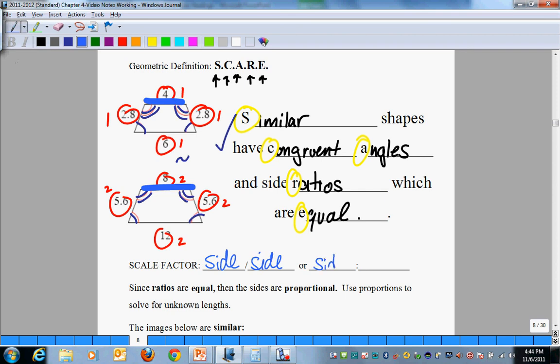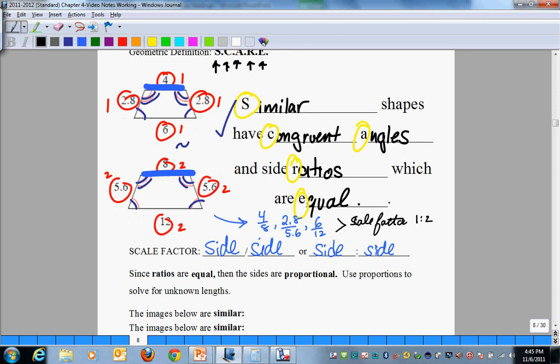So in these shapes here, the ratios of the sides, 4 to 8, 2.8 to 5.6, and 6 to 12, we would all say has a scale factor from top to bottom of 1 to 2.